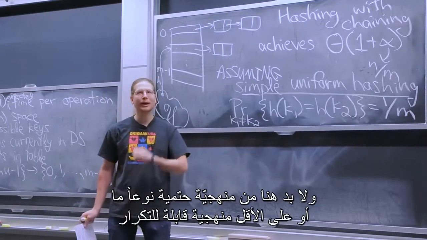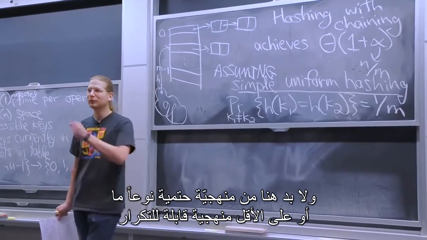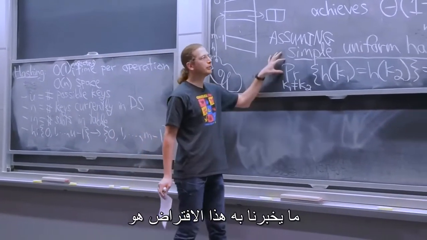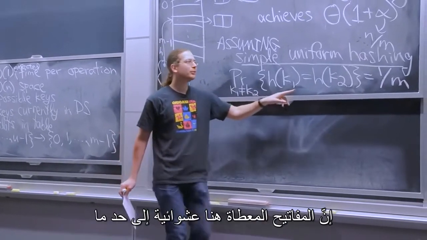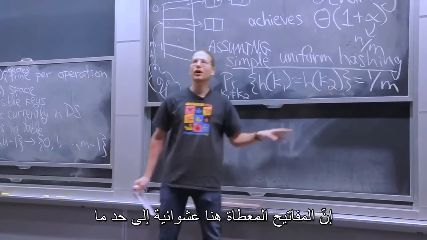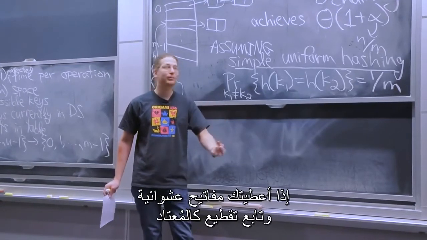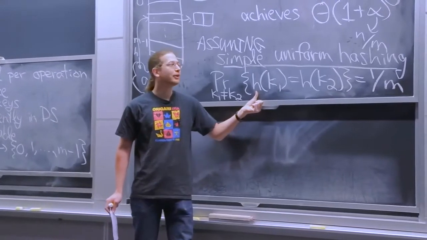So it has to be some kind of deterministic strategy, or at least repeatable strategy, where if you plug in the same key, you get the same thing. So really what this assumption is saying is that the keys that you give are, in some sense, random. If I give you random keys and I have a not too crazy hash function, then this will be true.